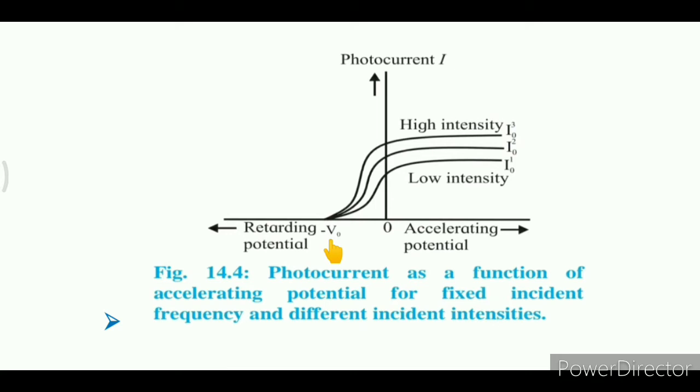The value of the stopping potential for any incident intensity will be the same, as long as we keep the frequency constant here. But as we change the emitter plate, the value of the stopping potential at which the photoelectric current becomes zero will be different.